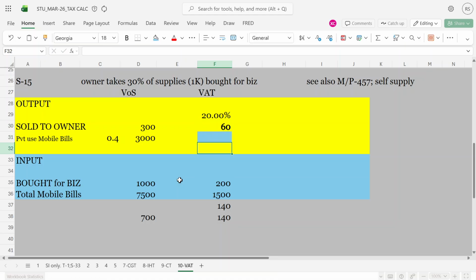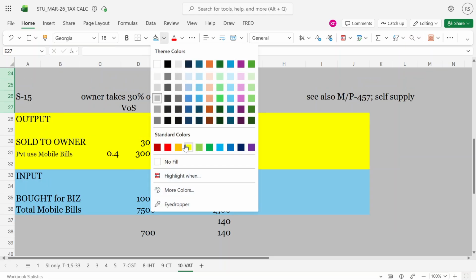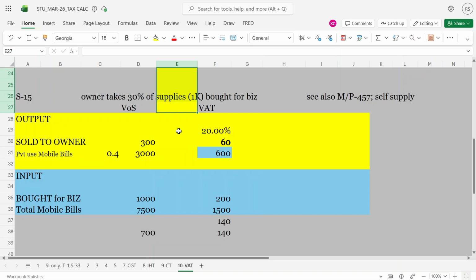Never mind. Okay, we'll just change the color. Right, now you see what happens.